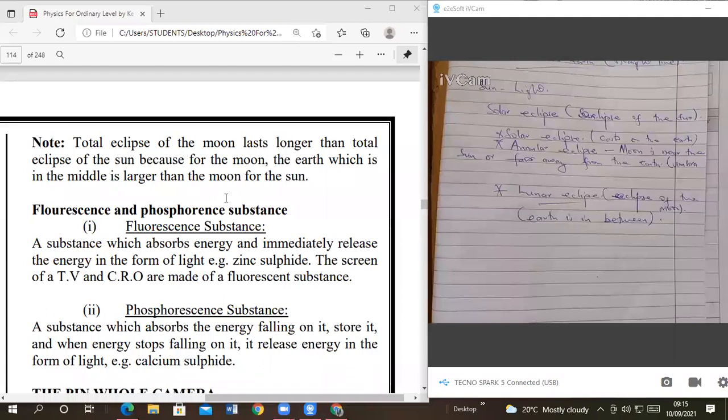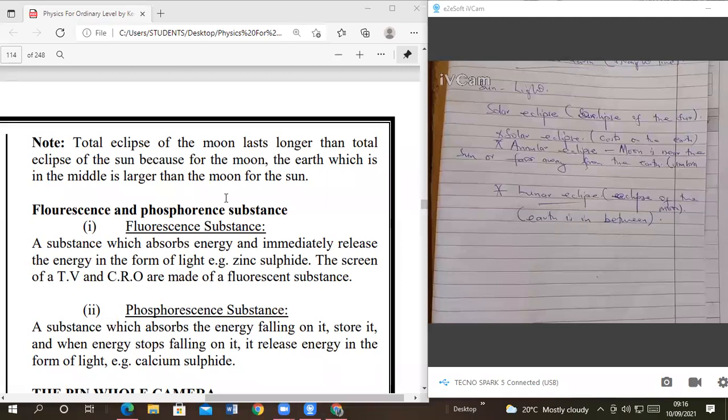So the earth will block the moon completely, which means it will take a longer time. And we said the eclipse of the moon takes place only at night. In many cases we don't see it because most of us are asleep, but it occurs. Scientists say it occurs at least twice a year.